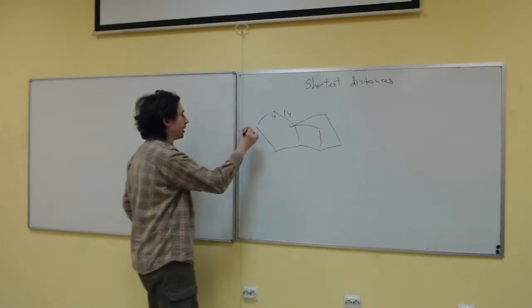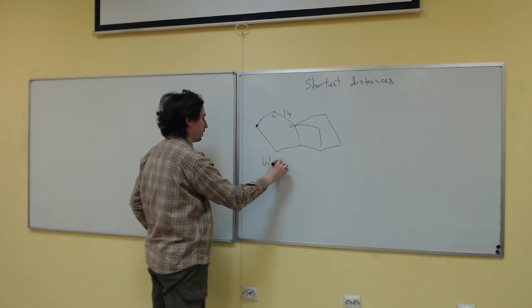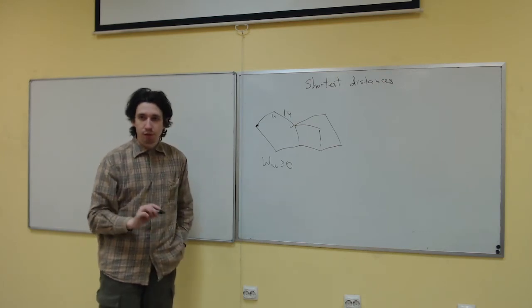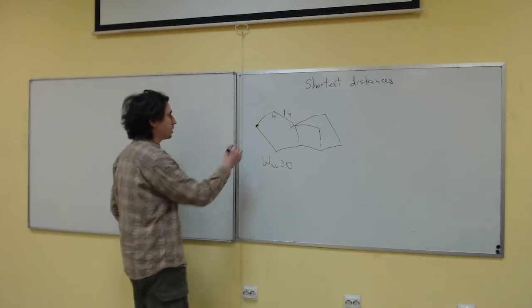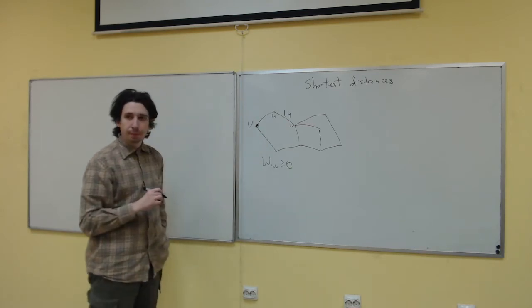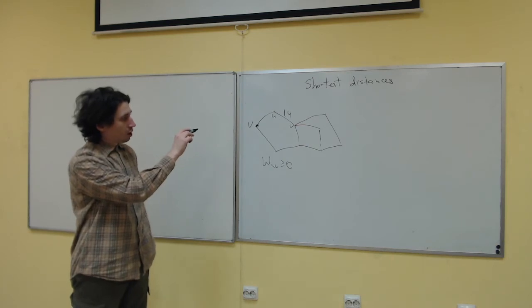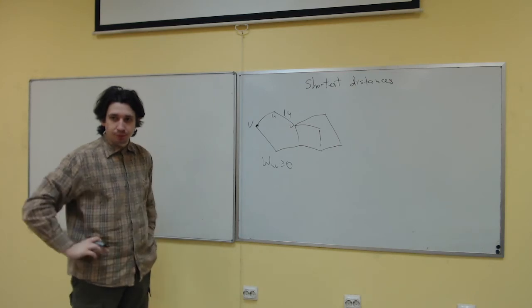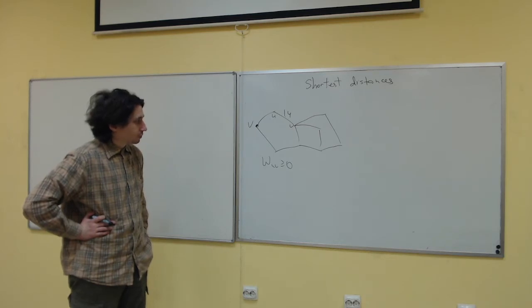You know that the weight of each edge, weight of uv, is bigger or equal than 0. This will be the important thing for the next algorithm, and I will explain why at some point. And you want to take one vertex V and count the shortest distance to all other nodes.